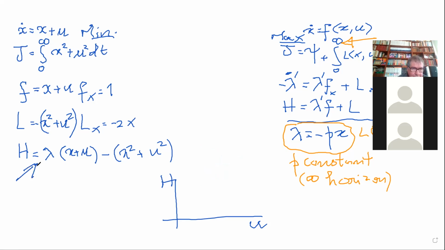You have H as a function of u. What type of dependency do you have? Take x as something which is frozen at time t, but u is varying, and you are assuming u to be free. So H as a function of u is what do you think? A quadratic function.